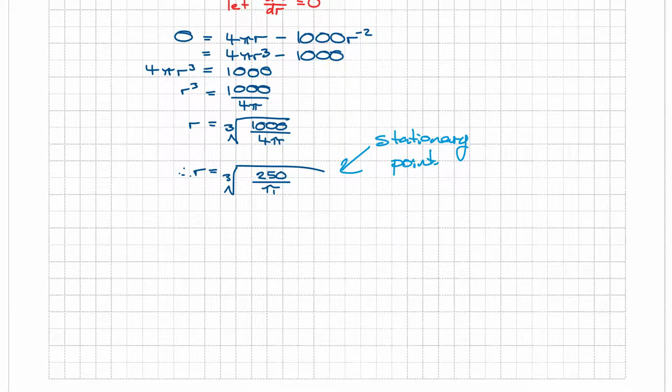Now we need to figure out, is this stationary point going to be a maximum or a minimum? The way in which we can do this is with a sign diagram of dA over dr. The sign diagram is going to look like this, a bit messy, with the cube root of 250 over pi marked.